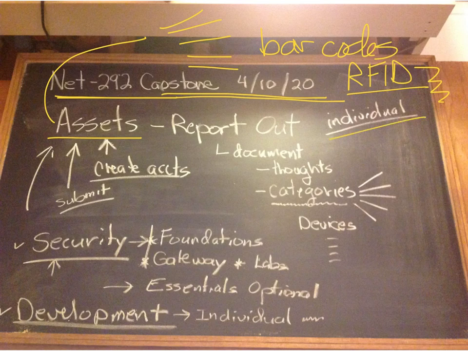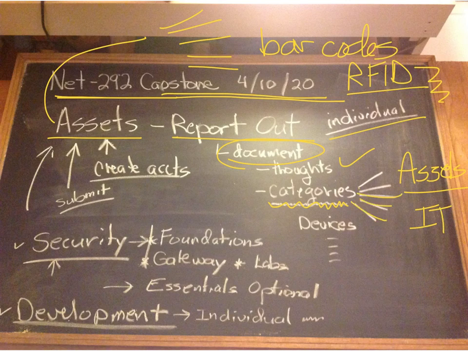So individually, the students were going to report out. They're going to create a document highlighting their thoughts, what categories we thought we would need for our assets here in the IT program.